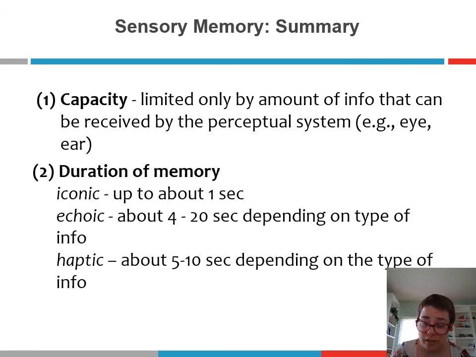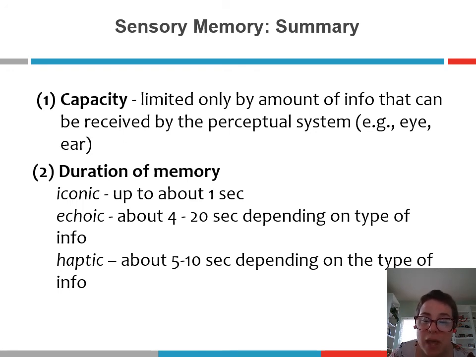The duration of sensory memory, or how long information remains in sensory memory, is much more limited. So as we saw in the previous graph, the length of time in which that image is retained in sensory memory is about 1 second.